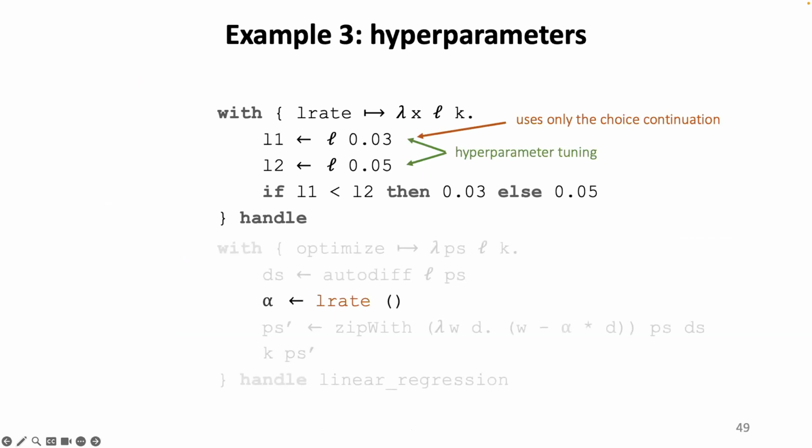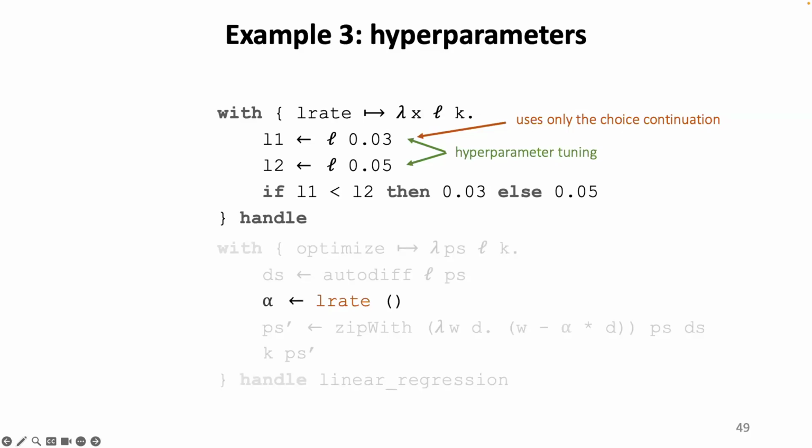Yes. How is that? So the point of hyperparameter tuning is you're basically trying to run the program on a smaller set of data points in order to find better hyperparameters that you would actually use for real training. So here, the point is not that you would like to resume the original computation with the hyperparameter, but as long as you have called the choice continuation using different parameters, you would already produce the loss values.